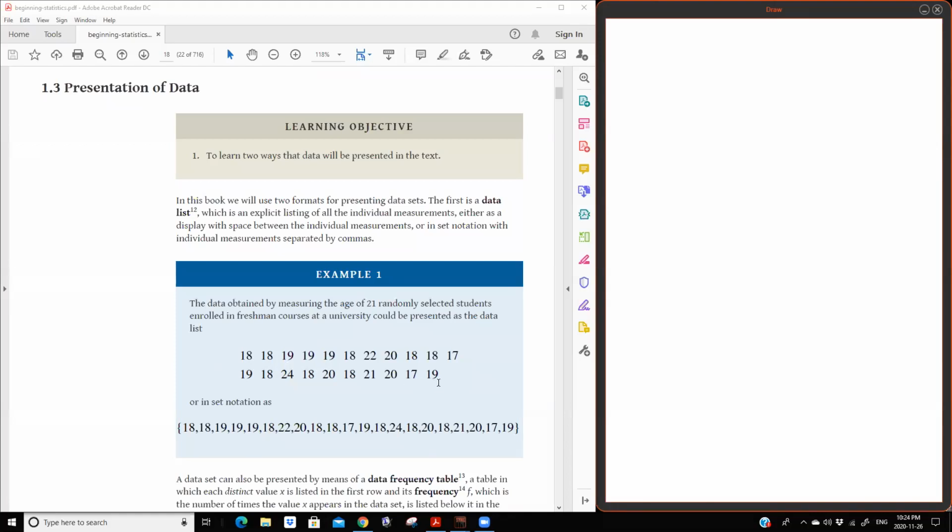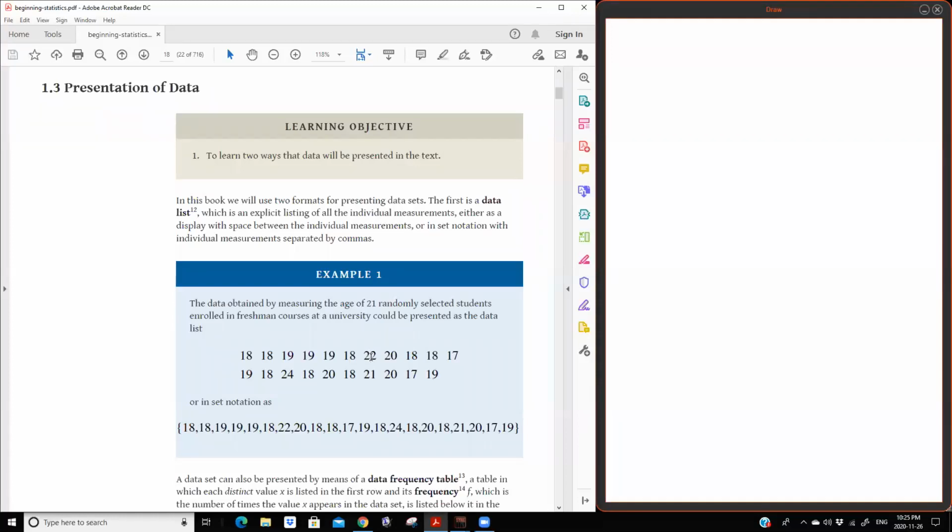The ages have been listed, and they're not in increasing order. The first student was 18 years old. The second student was also 18 years old. Then we had 19, 19, 19, another 18. One of the students in the sample is 22.